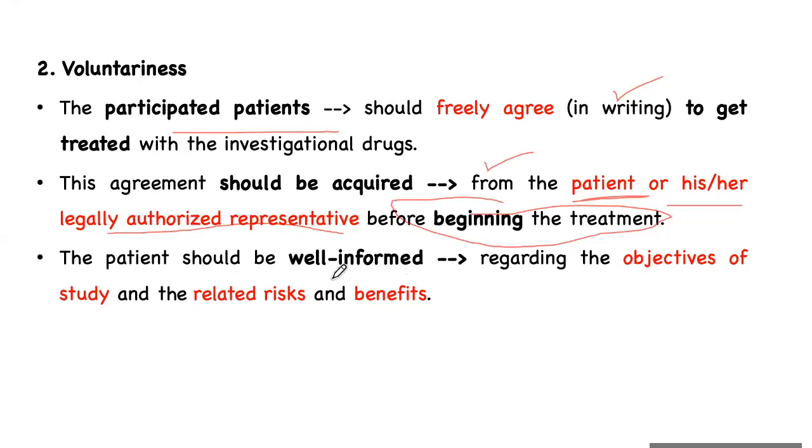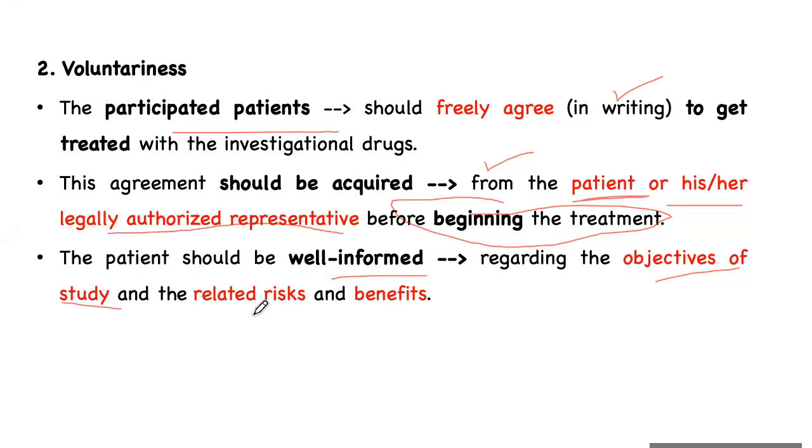The patient should be well informed regarding the objective of the study. It is not just asking whether you agree to this treatment, and it is not just the patient saying yes and signing. In addition, you are giving all the information the patient asks about the drug. Sometimes the patient may not ask the physician or the chief investigator, but as your responsibility, you need to convey all the required information so that the patient can understand how safe the drug is and how much risk is related to it.